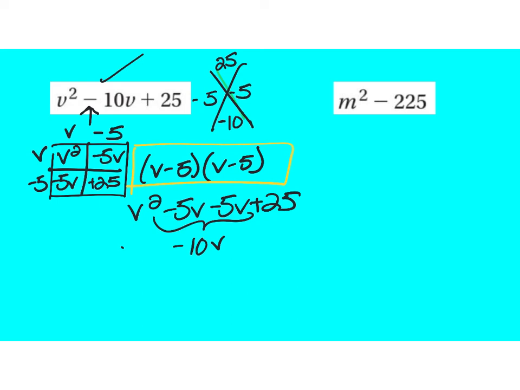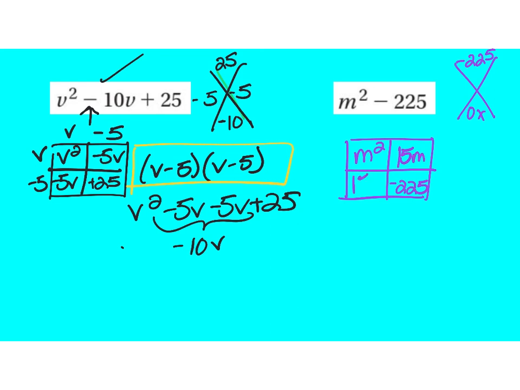It's going to be kind of similar for this last one. Starting with my X puzzle, I have negative 225 and then 0x. So we have m squared and then negative 225. The square root of 225 would be the same value times itself. It would be 15m and 15m, one of each, right?